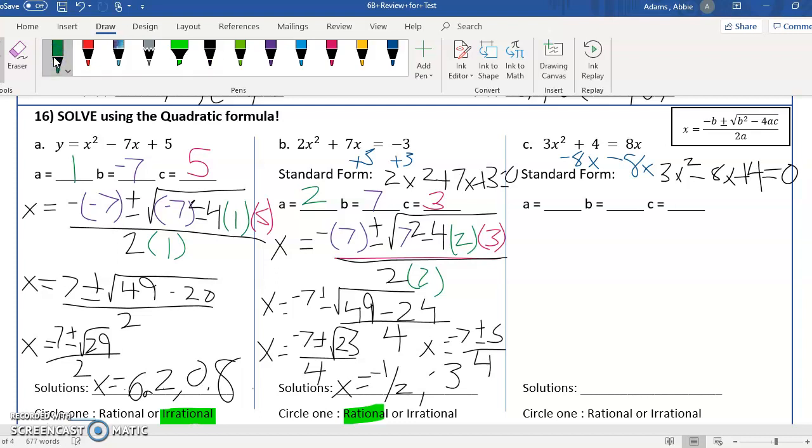Our a value for this equation is 3. Our b value for this function is negative 8. And the c value is 4.